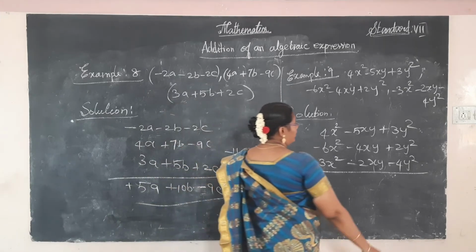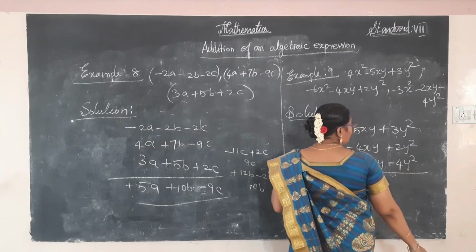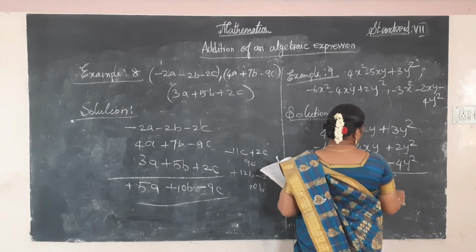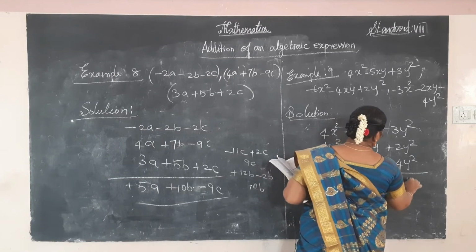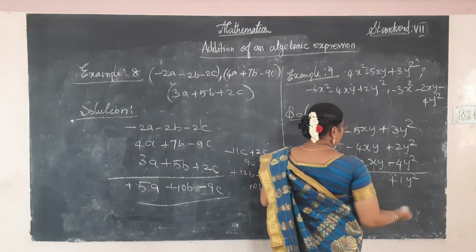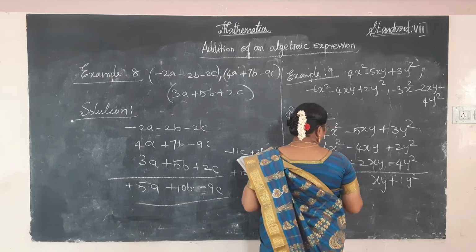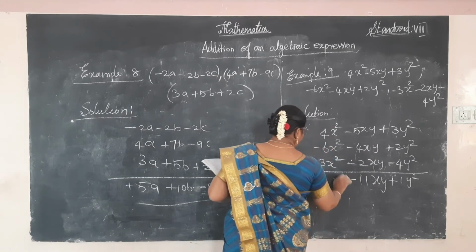Now simplify. 2 plus 3 is 5, 5y squared minus 4, we get plus 1y squared. Here all the terms have the same sign, so add and put the same sign. So 5 plus 4 is 9, 9 plus 2 is 11, minus.